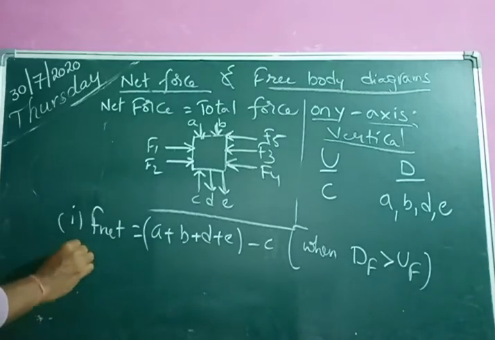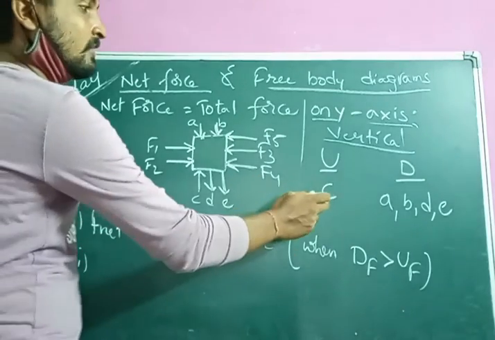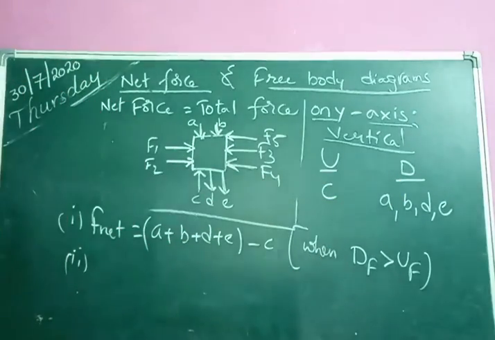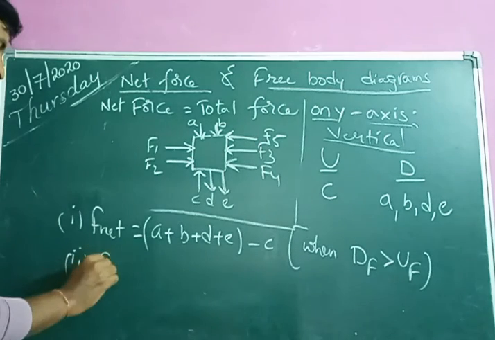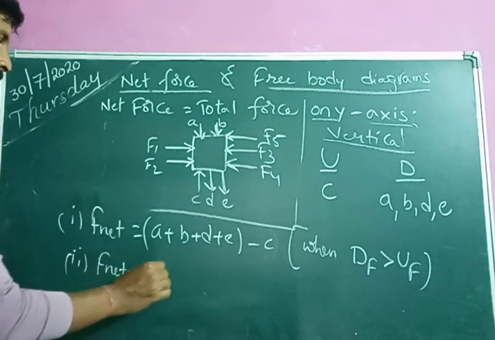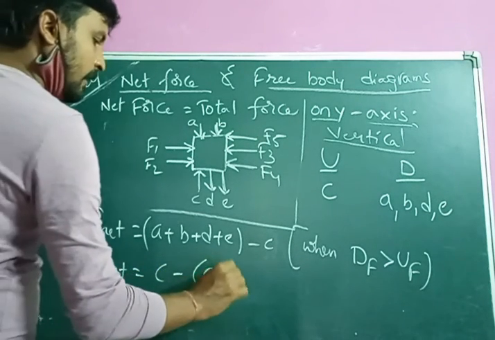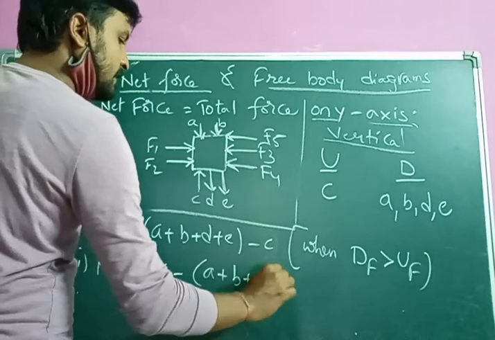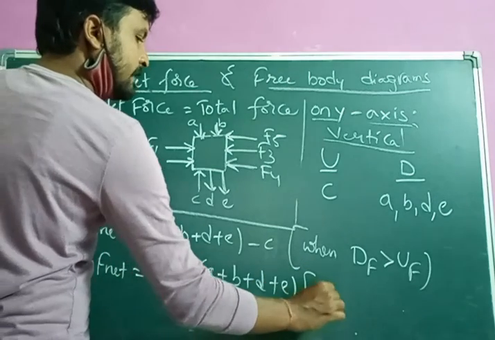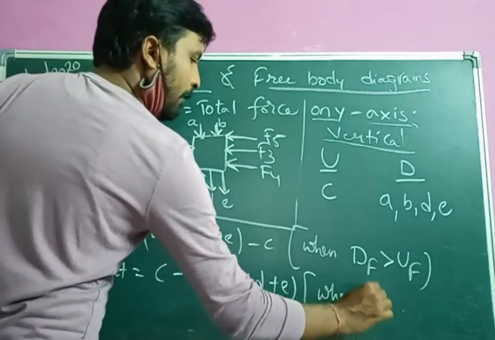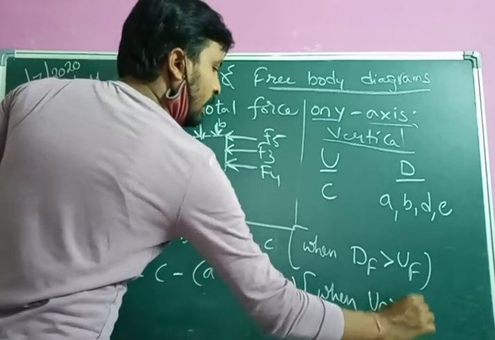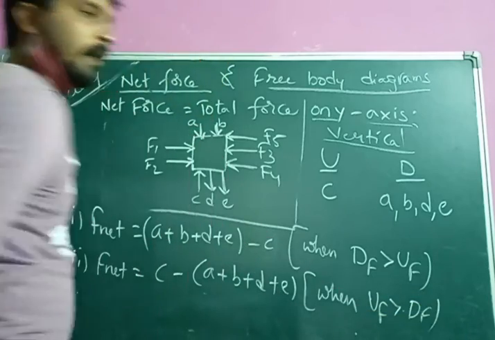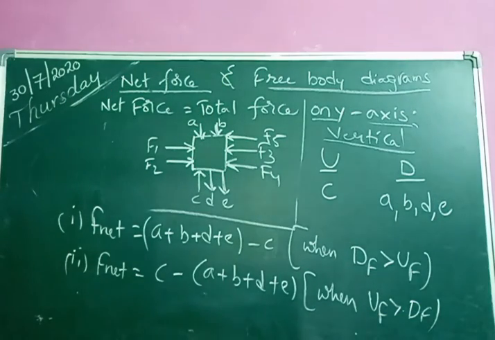And case 2: if the upward force is greater than the sum of all the downward forces, then net force is equal to C minus (A plus B plus D plus E). This is the case when upward force is greater than downward force.